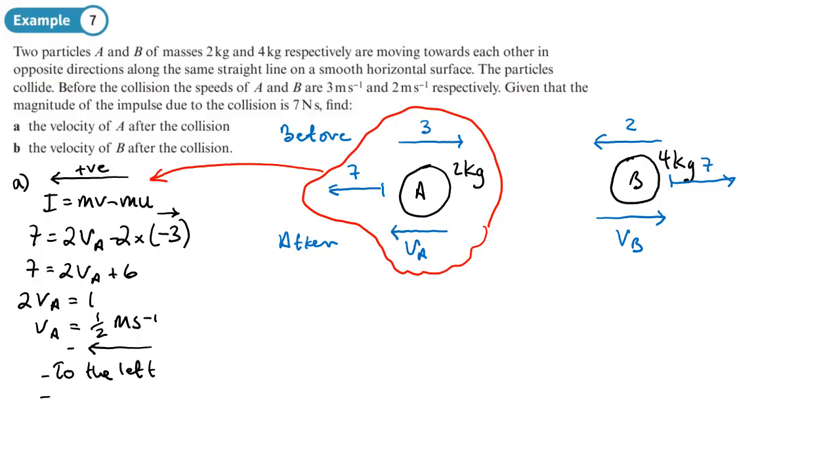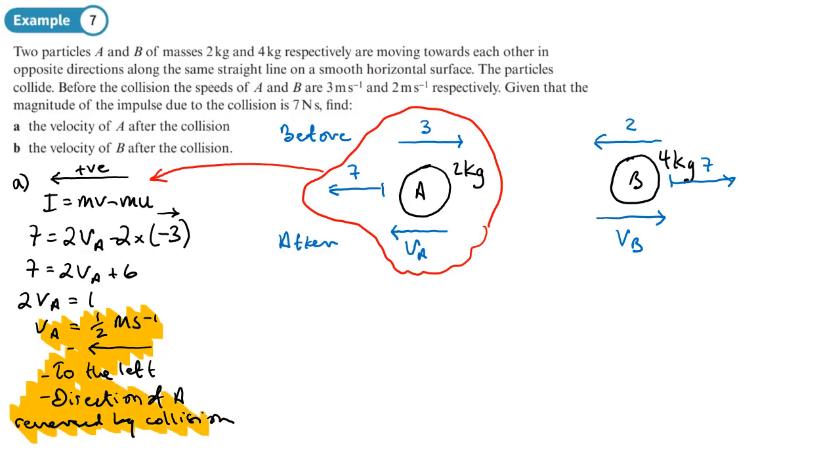That also tells you the direction. So direction of A reversed by collision. So we must include the direction as part of our answer, because we need to give a velocity as an answer, not just a speed. So I'll highlight that there.